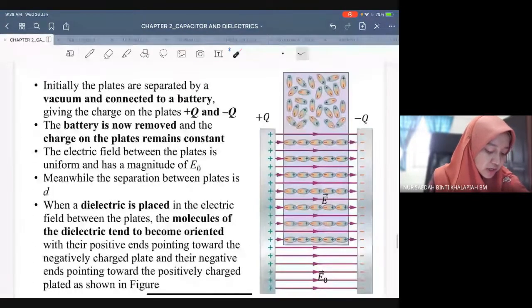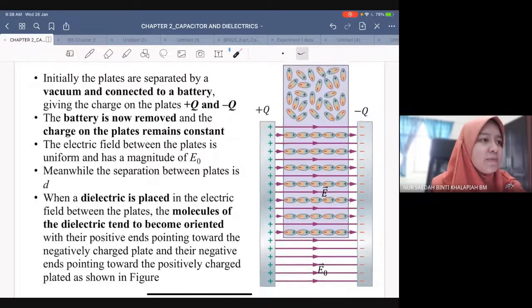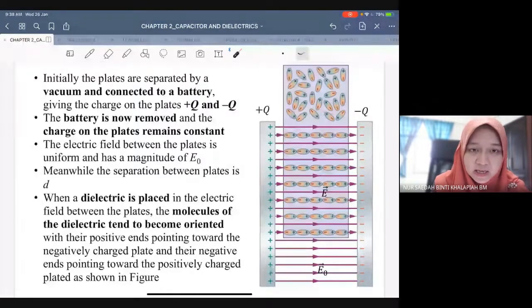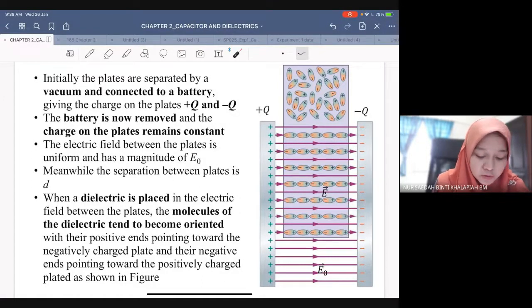So initially the plates are separated by a vacuum. Kita tak ada letak dielectrics, dia cuma vacuum sahaja di antara 2 plates of capacitor and we connect the capacitor with a battery, giving the charge of the plates plus Q and negative Q. Okay, so next battery is removed.